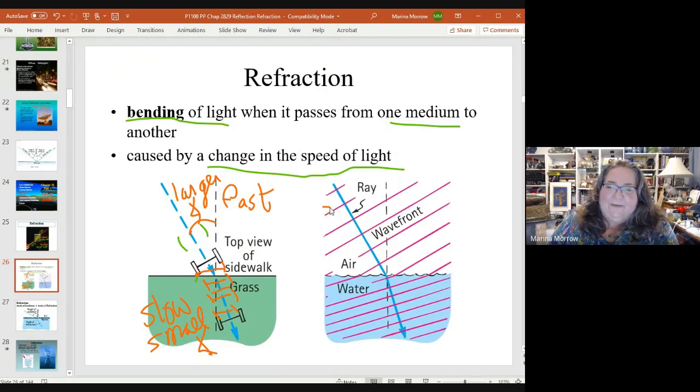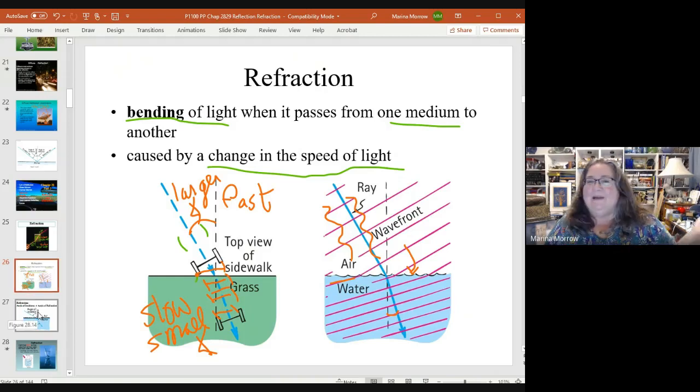So wave fronts, so imagine beams of light coming in, and all the waves are locked in step here, and all the wave fronts are coming in, but this side of the wave starts to hit first. It starts to slow down when it's in the water. The other one is going faster, so that makes it curve around. And again, now you've got a smaller angle where it's slower, a bigger angle where it's faster.